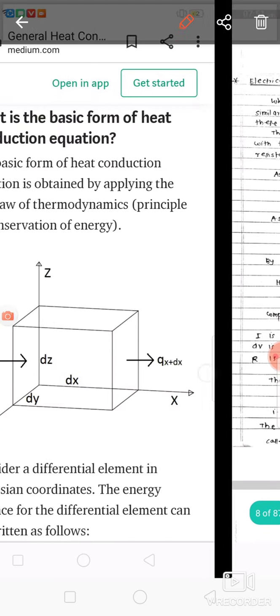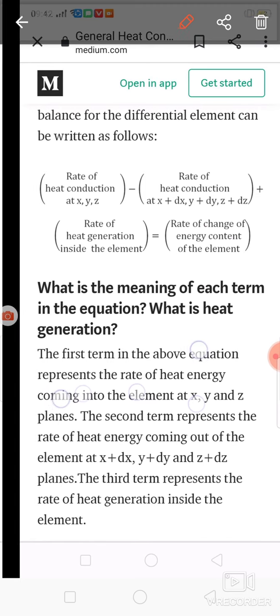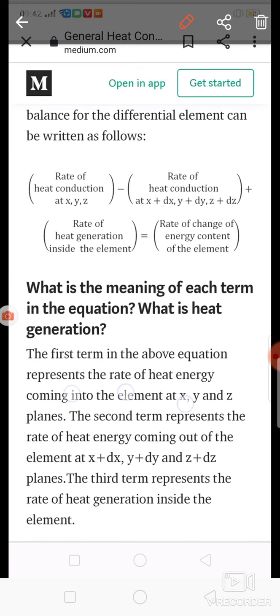So what is the general equation for this small volume? That is the rate of heat conduction in the x, y and z directions. The energy is conducted into this element in the x direction, in the y direction and in the z direction, minus.